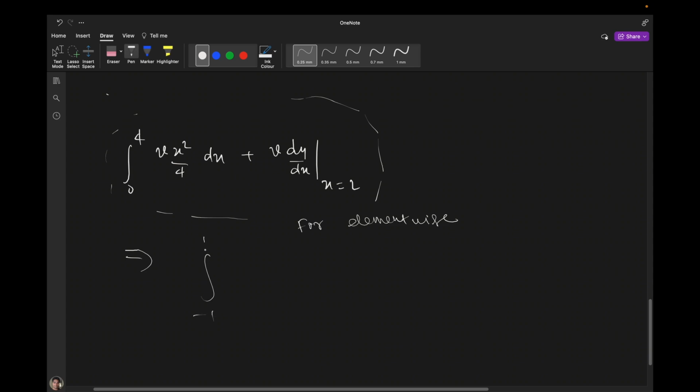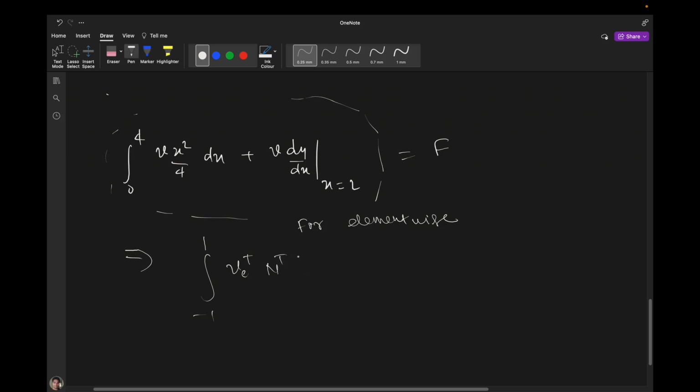It will be minus 1 to 1, right? Yeah. Okay, fine. Tell me. V transpose N transpose. VE transpose, then N transpose. That's it, right?